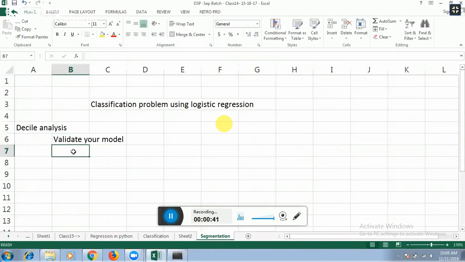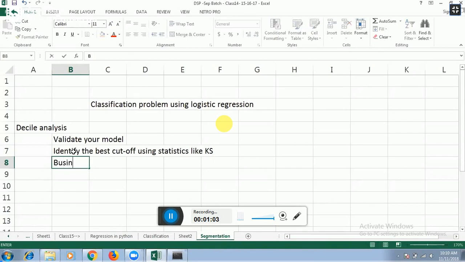The second one is to identify the best cutoff, using some statistics. And once we have that, we can also use a business implication if we take a specific cutoff. So this is the idea behind this.